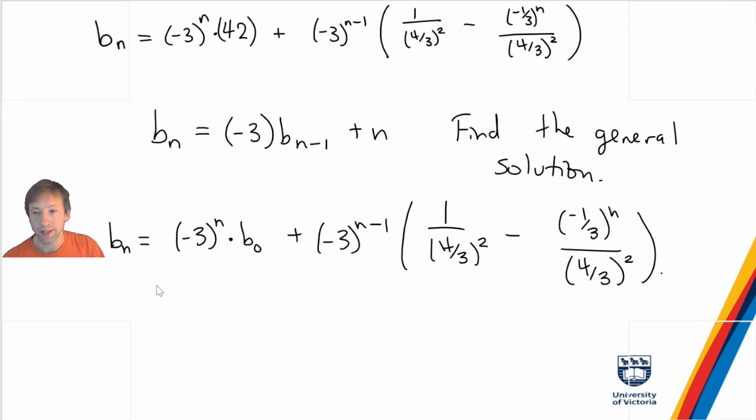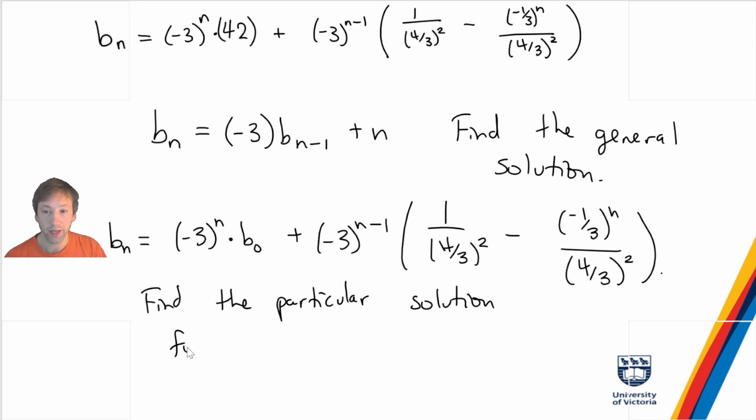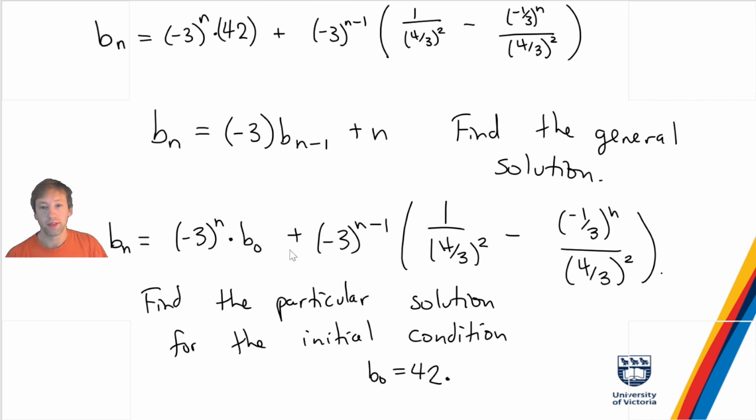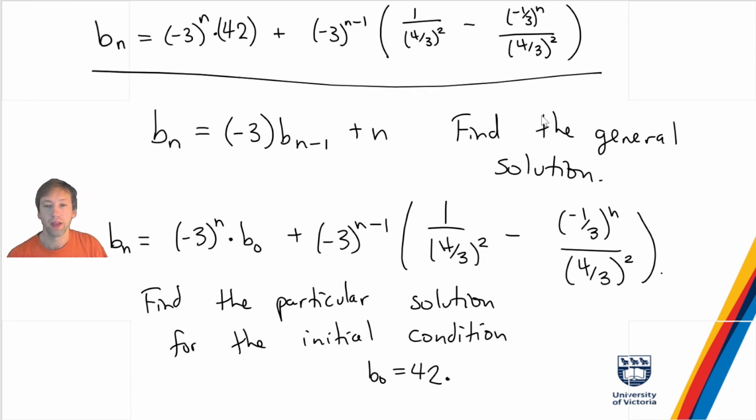However, if you want to find the particular solution for the initial condition b0 equals 42, then you plug in 42 for b0 and you get what we had above. This highlights the difference between a particular solution and a general solution.